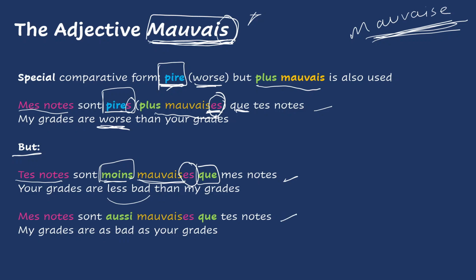Here, last example. Mes notes sont aussi mauvaises que tes notes. And here we're saying my grades are as bad as your grades. So we place aussi in front of the adjective and que behind. And mes notes again, still a feminine plural, and it's going to be mauvaise.